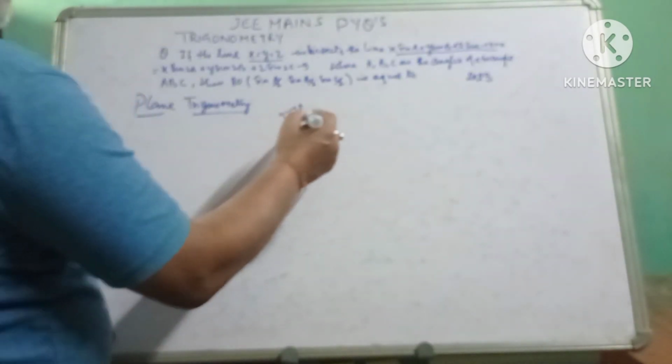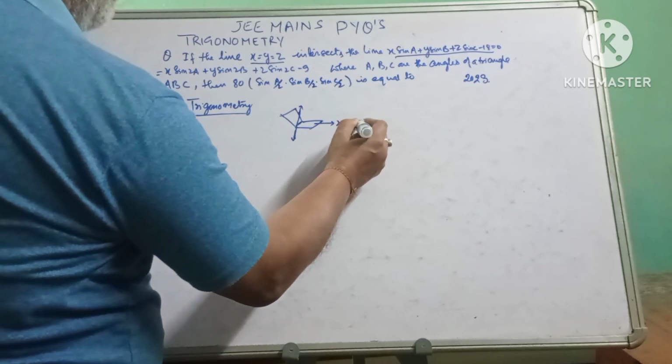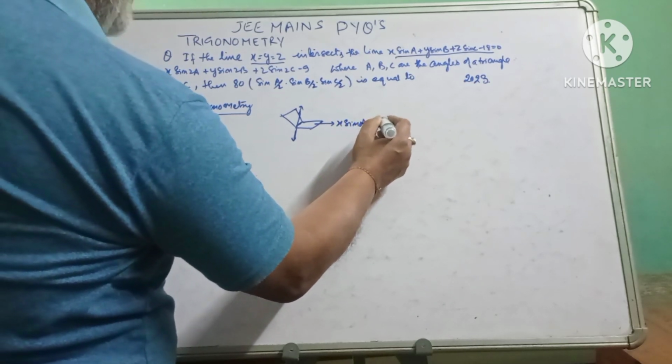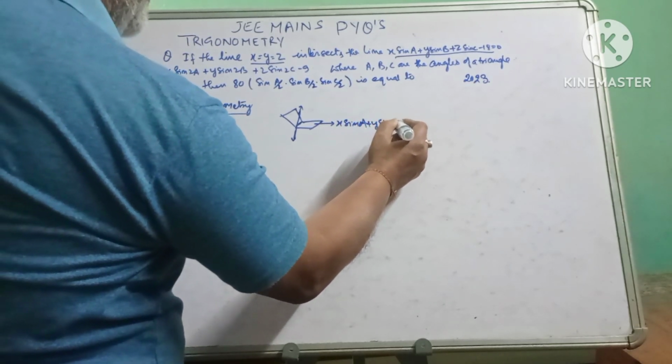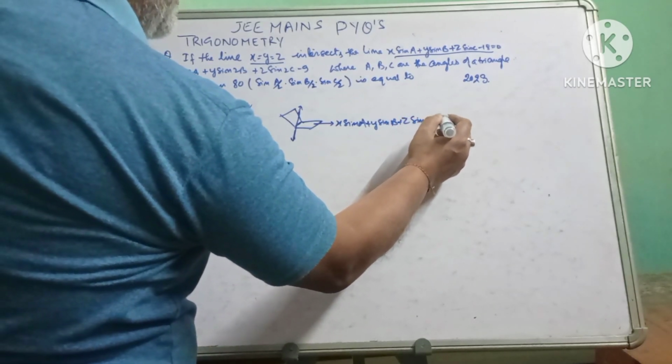So here are the two equations of the planes. Let this be x sine A plus y sine B plus z sine C minus 18 equal to 0.